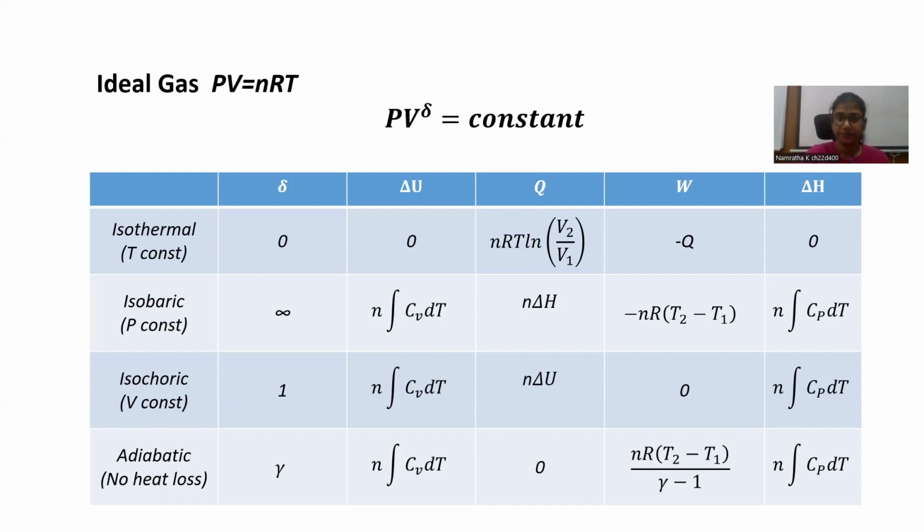So PV is equal to RT. Here, V is specific volume. Okay. So this is the condition.